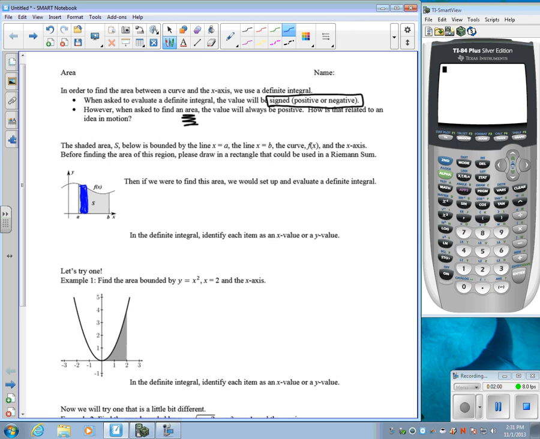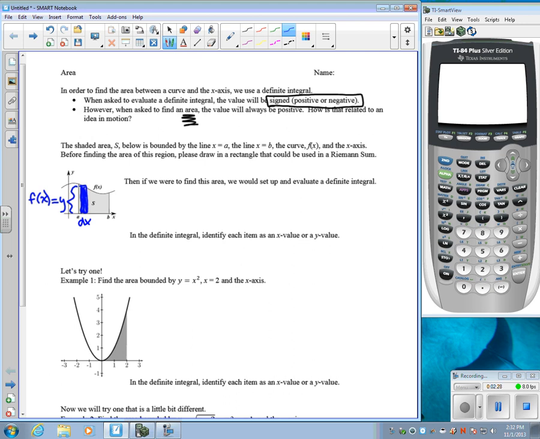If I were to find the area of this rectangle, the height would be whatever y is, or in this case, f of x. However you want to talk about f of x, you can call it y. And the width of this rectangle would be whatever our change in x is, or dx.